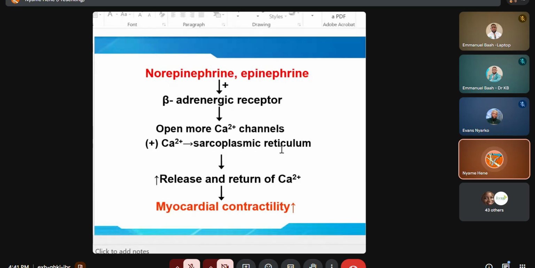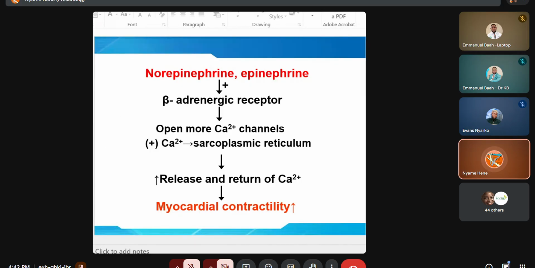Then calcium leads to the sarcoplasmic reticulum, leading to a release and return of calcium, then leading to myocardial contractility. Now note this: calcium is one of the electrolytes or minerals that are released and stimulate the heart to undergo contractility.